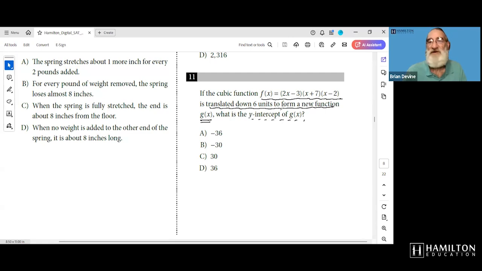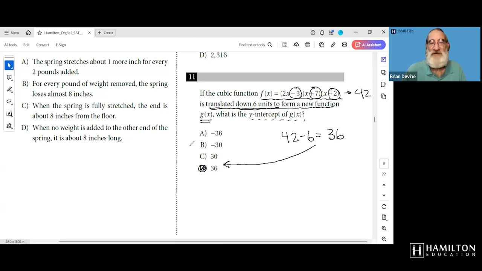Well, note that if I multiply out the three linear factors of f of x, the number on the end is going to be -3 times 7 times -2, which will give me 42 as the y-intercept of f. And then if I translate it down by 6 units, 42 minus 6 should be the new y-intercept of g. And it is.